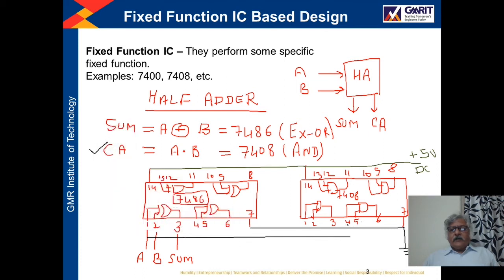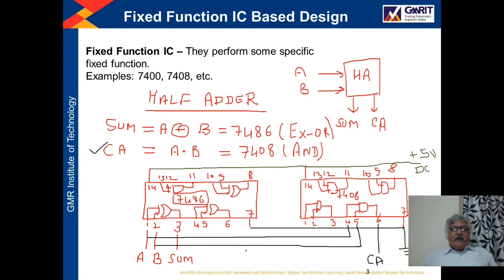Okay, so this is connected, input A is connected to pin number 4 and input B is connected to pin number 5, right? And output of this AND gate will be generated from pin number 6 and this will give the carry logic, right? Now the implementation is completed.